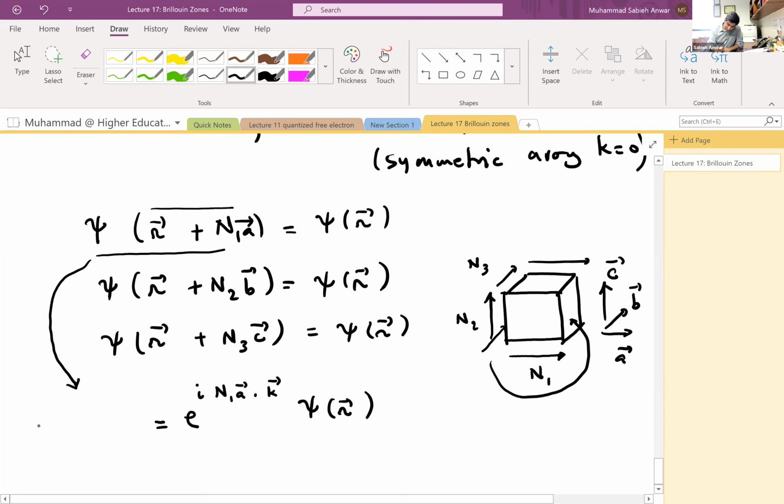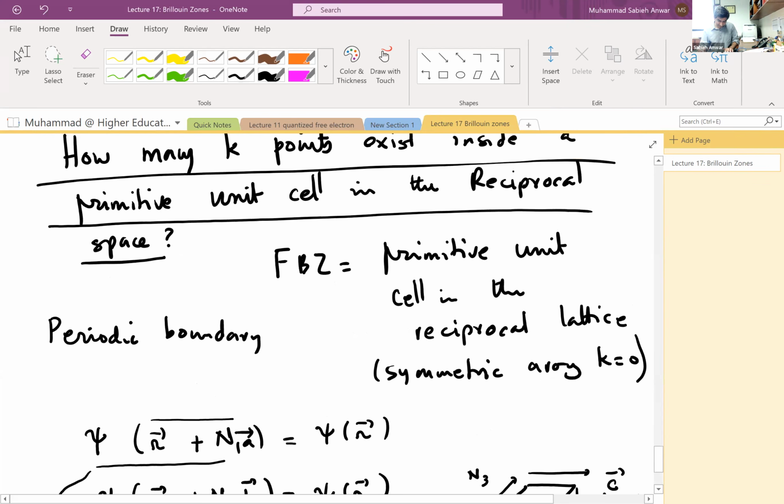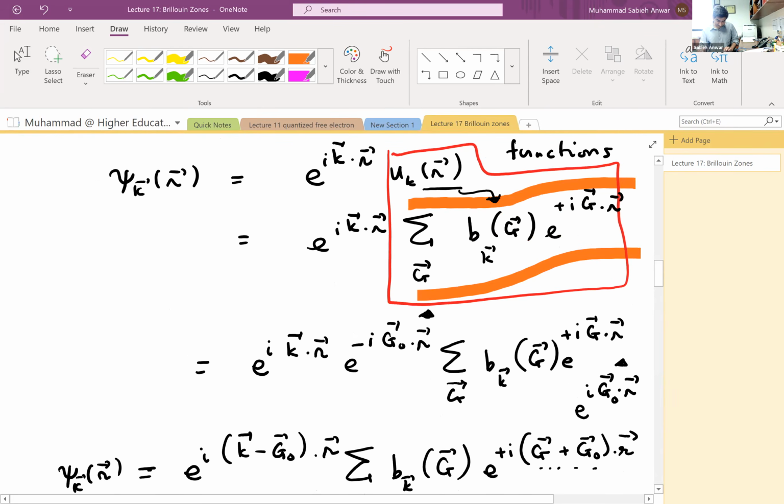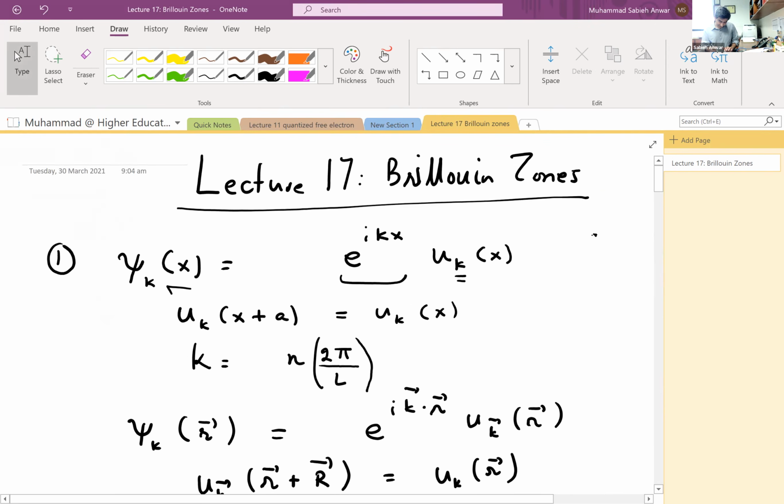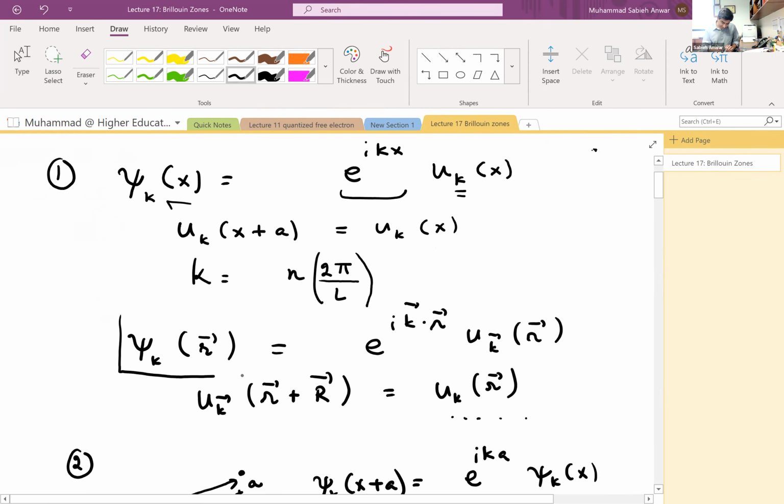This is going to give me psi of r plus n1a, right? So this is from the Bloch theorem. You see the first form of the Bloch theorem? Let's go back. Let's go up. This is the first form of the Bloch theorem.